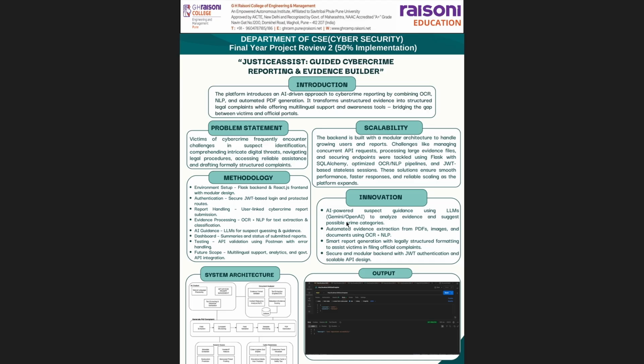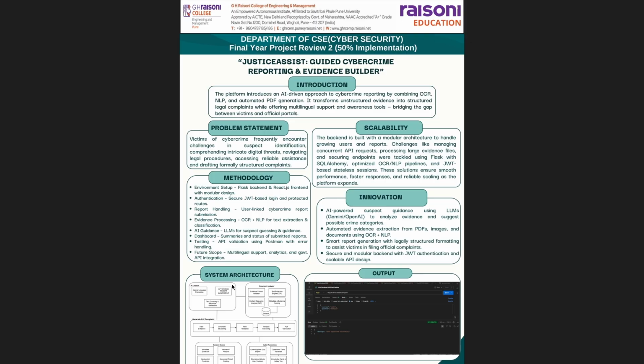The innovation section highlights AI-powered suspect and crime guidance, OCR-driven automated evidence extraction, legally structured smart report generation, and a secure modular backend with scalable API design. The system architecture diagram outlines the entire workflow from OCR extraction to AI interpretation, metadata analysis, and PDF generation. The output section shows a sample API result confirming successful backend implementation.